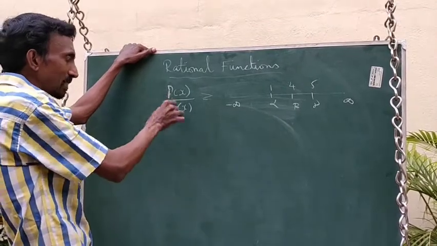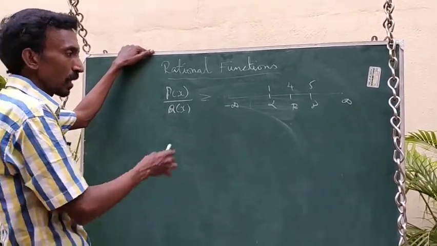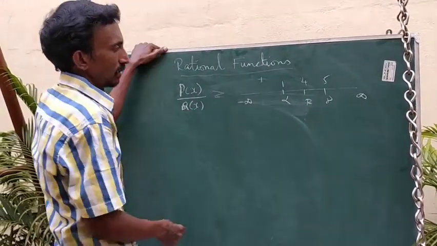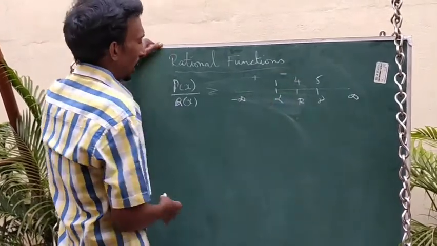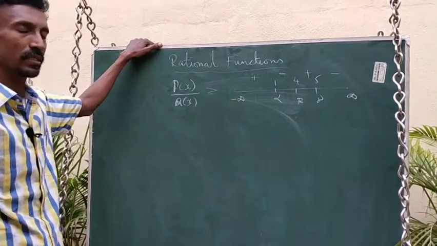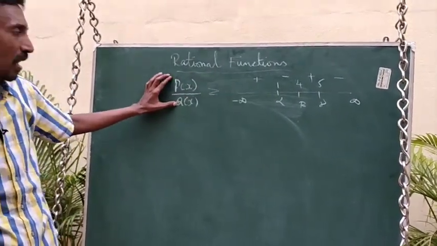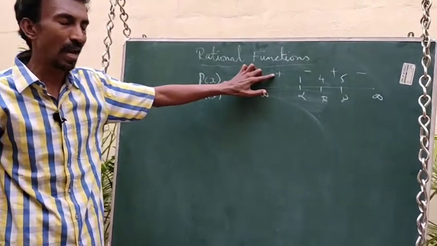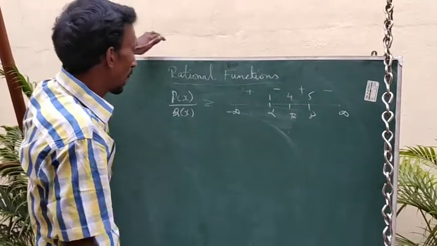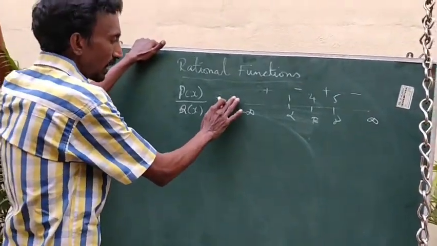Here we are getting positive sign, here negative sign, here positive sign, here negative sign. So the sign of the rational expression is positive, negative, positive, negative. Suppose the inequality is greater than 0.